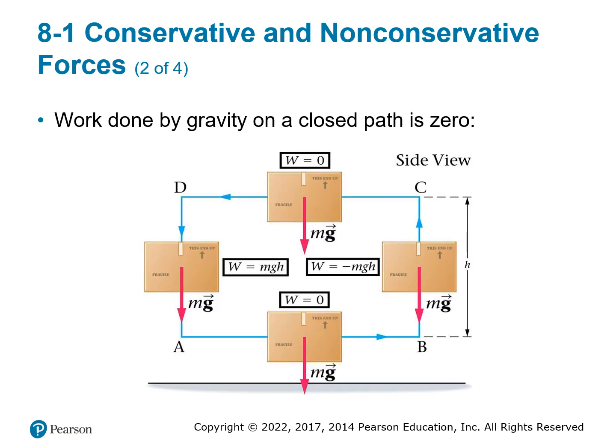So the work done by gravity on a closed path is 0. That means if you started with your box up here, you would have your force of gravity. You move it to the left and down. Now the work being done is potential energy. You would have no work done up here.